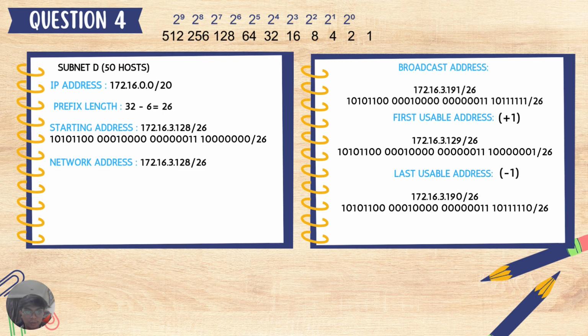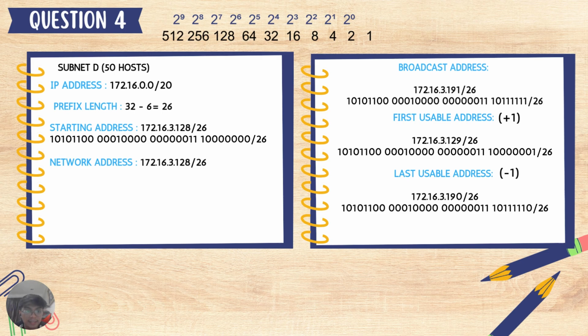So we take 2 to the power of 6. Sorry for the arrangement, the placement is not accurate. So we take the 32 bits minus 6, which is equal to 26. So the prefix length for subnet D is 26.